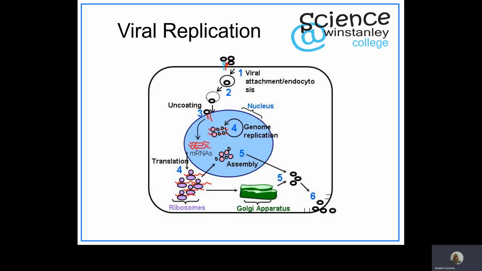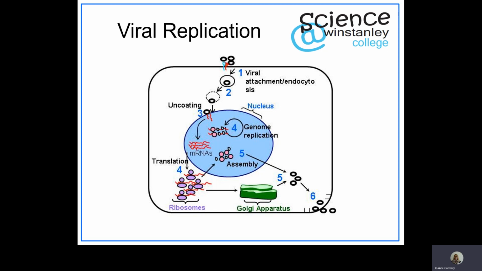So we have this process whereby the viral genome is replicated, transcribed and translated, and then we have a process at step 5 of assembly of these viral particles containing just the same structures we had before, a simple piece of genetic material, so a nucleic acid, either DNA or RNA, surrounded by a capsid.